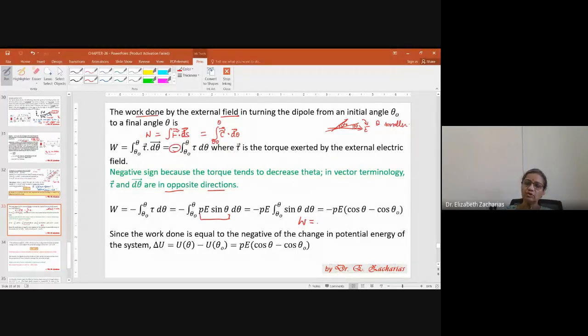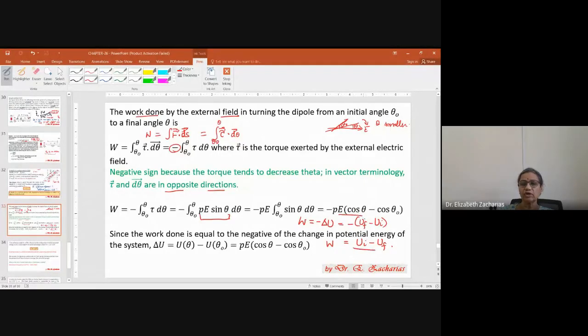At the same time, you also know that work done is equal to the negative of the change in potential energy. The change in potential energy is U final minus U initial, so the work done is U initial minus U final. Now I just wrote this equation and now I'm writing that one.